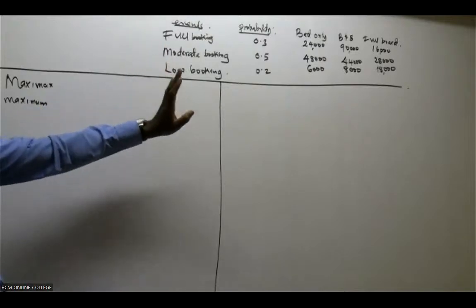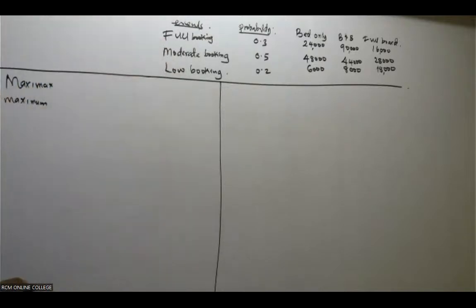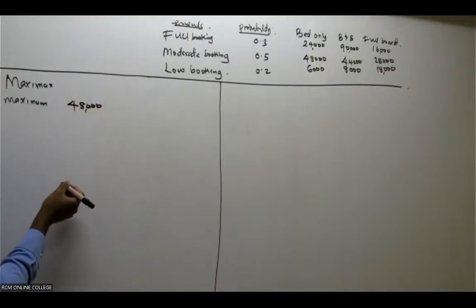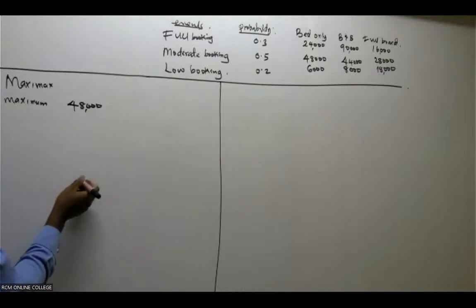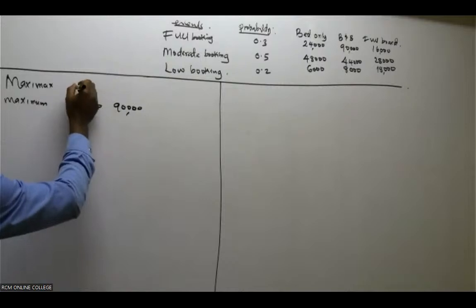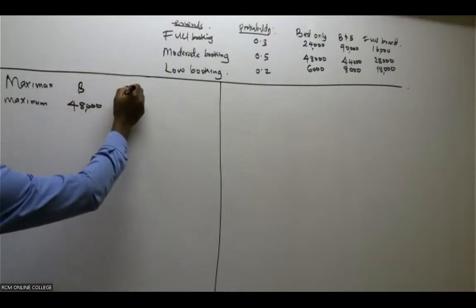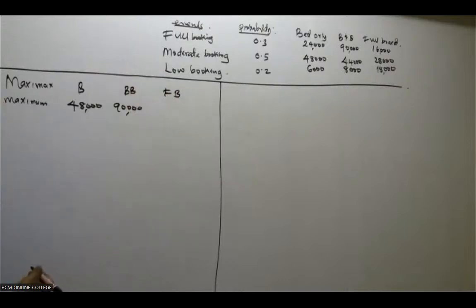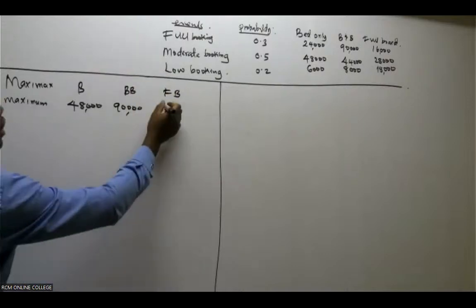Maximum for each column: for bed only, our maximum figure is 48,000. For bed and breakfast, our maximum figure is 90,000. For full board, our highest figure is 28,000.